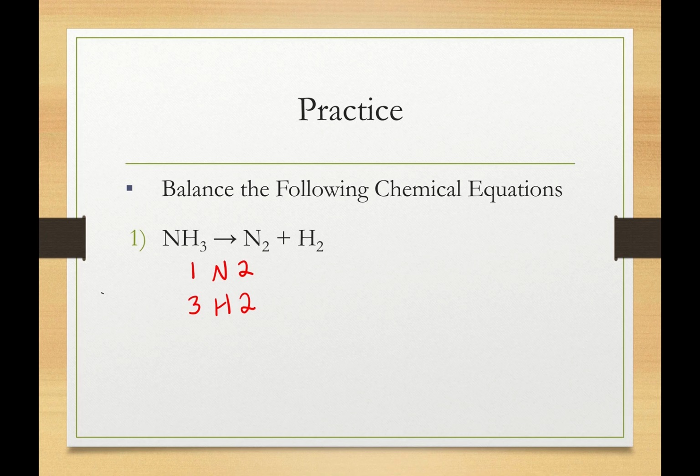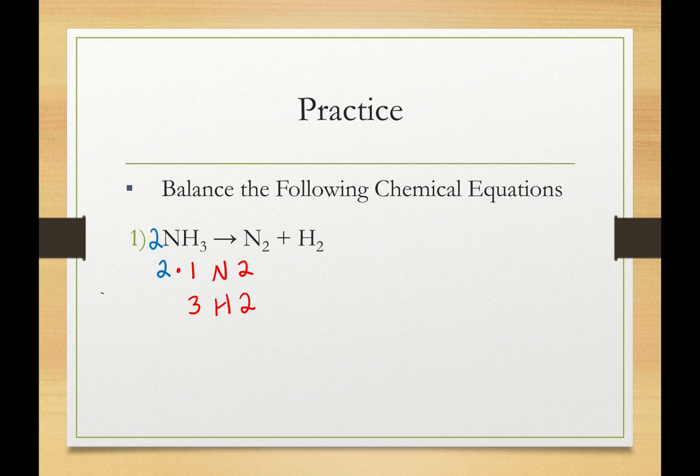So here I want to make both sides equal to 2, and the way to do that is to take 1 and multiply this by 2. And now this 2 I'm going to represent in a different color because this is my multiplier. By multiplying by 2, essentially I am making the coefficient in front of NH3 2. This is how I'm going to multiply the amount of nitrogens by 2.